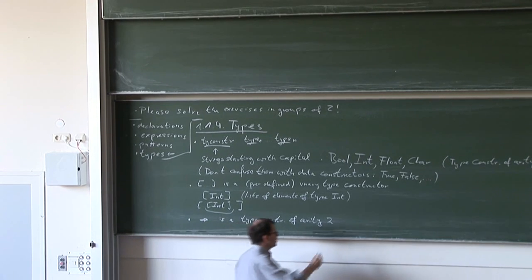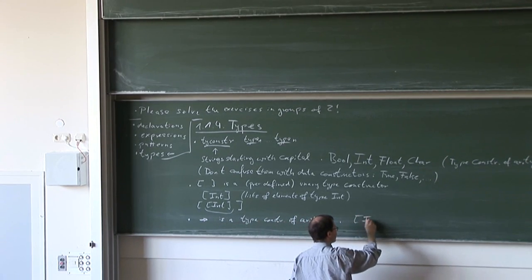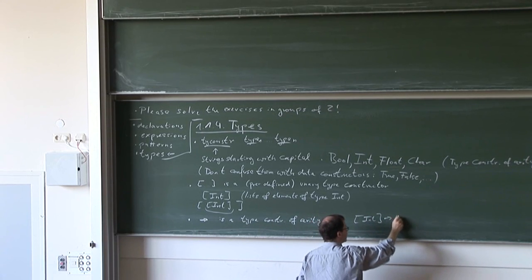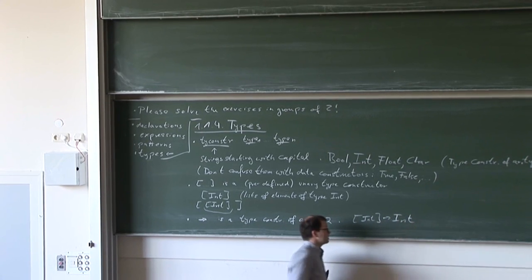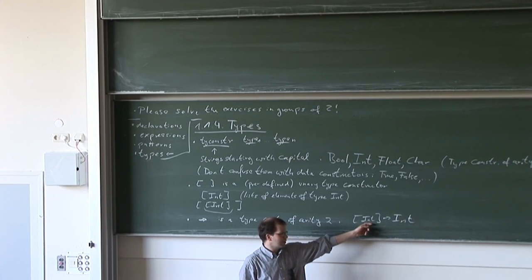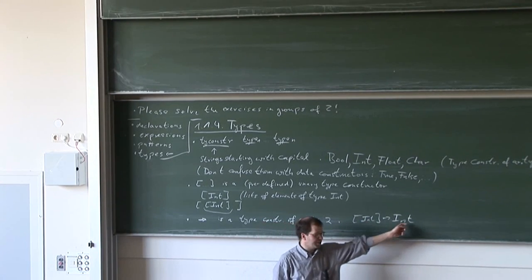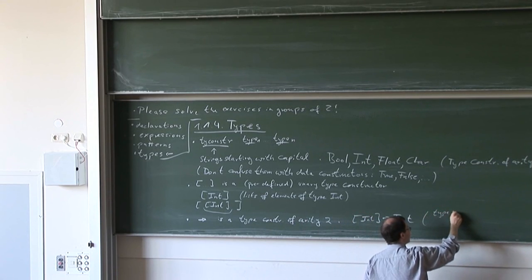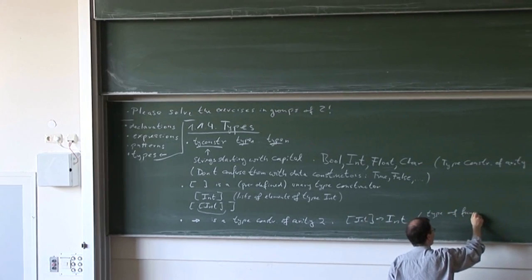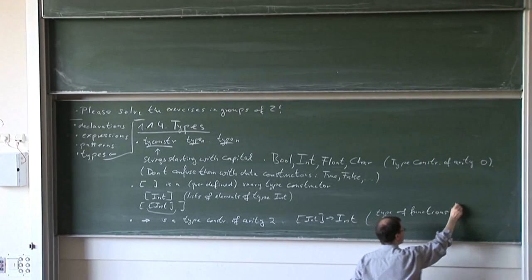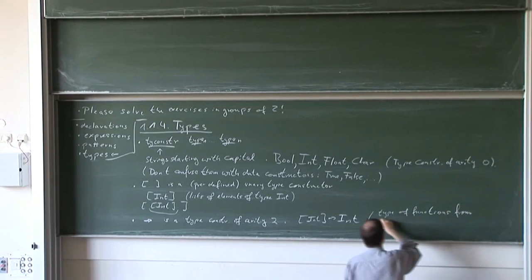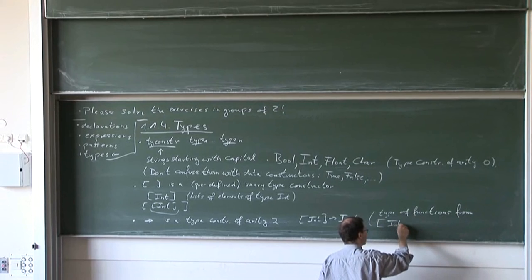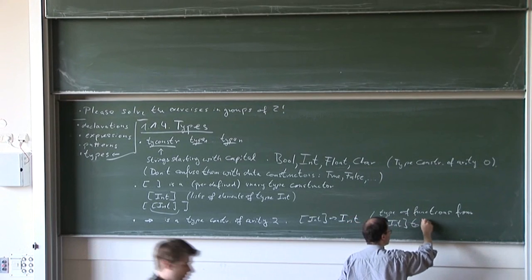So, for example, if we have something like this, this would be the type of functions which map lists of integers to an integer. So this would be the type of functions from list of integers to integers.